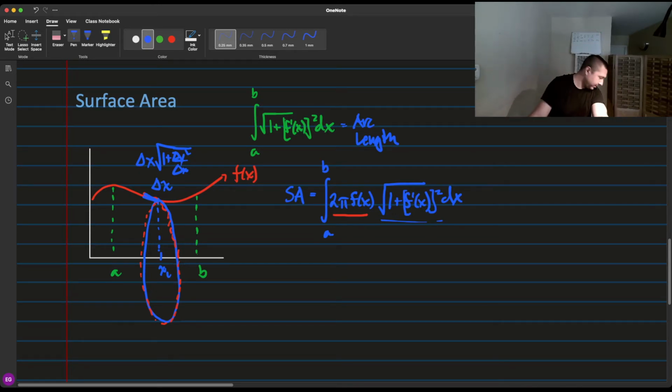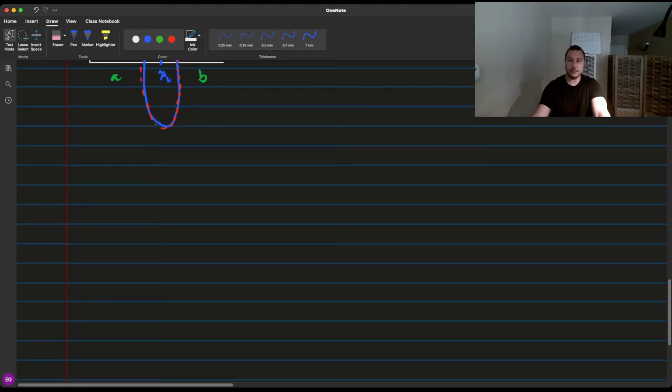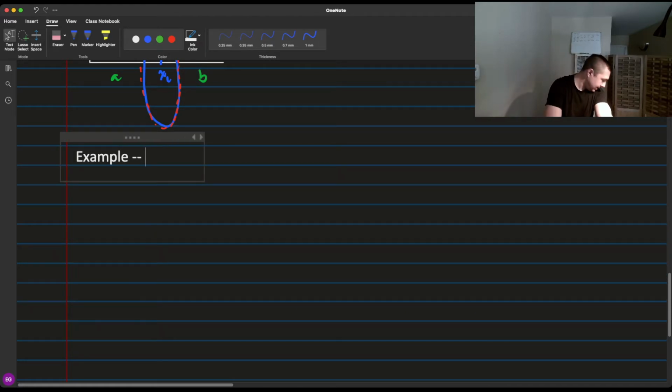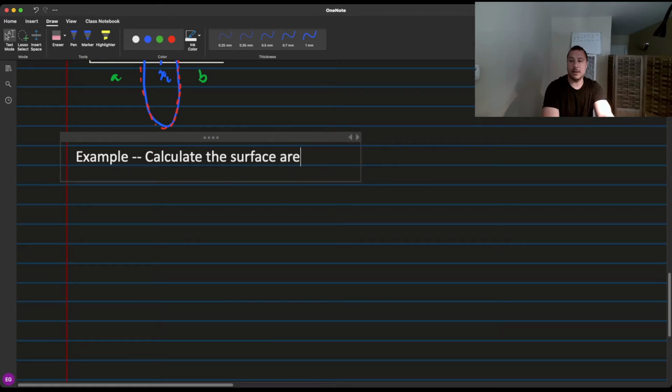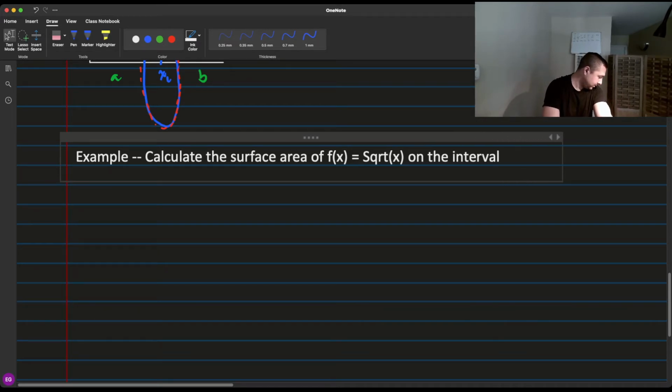So let's do an example of this. Let's calculate the surface area of f of x equals square root x on the interval 1 to 4.